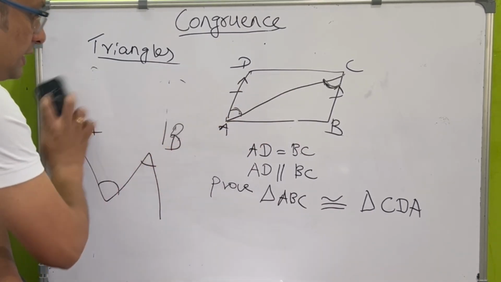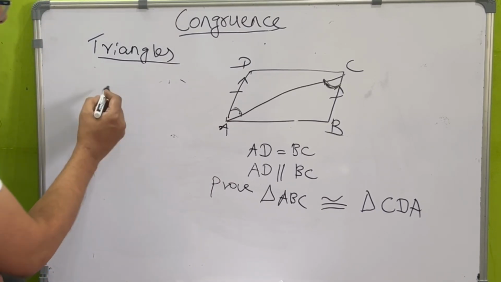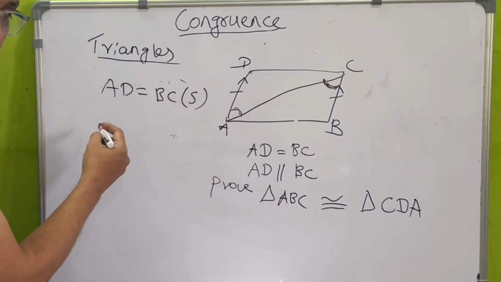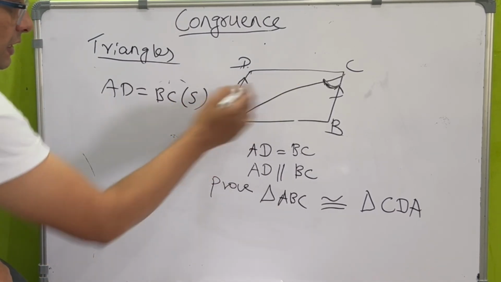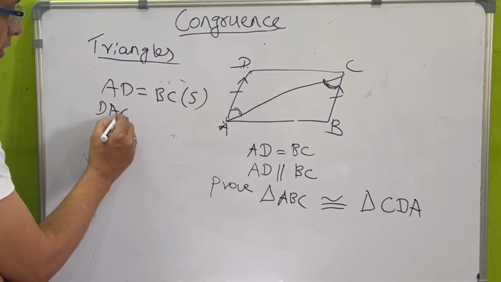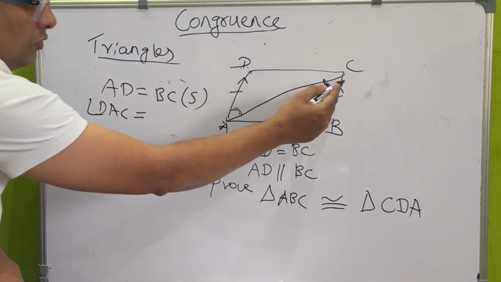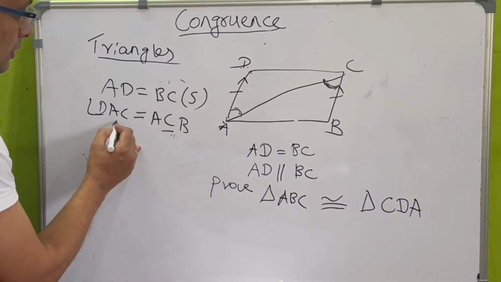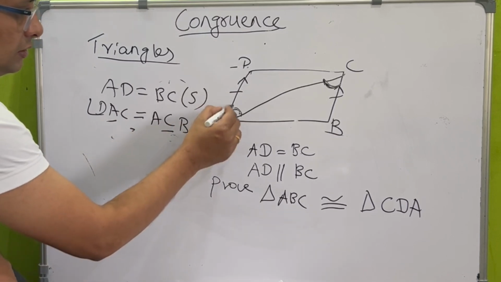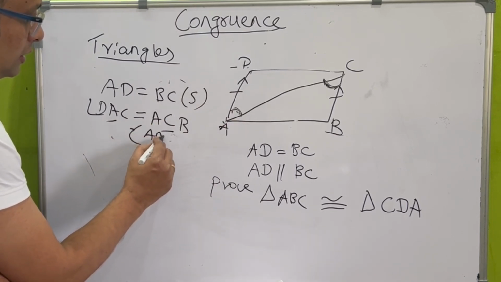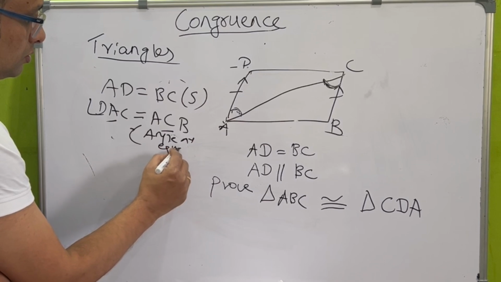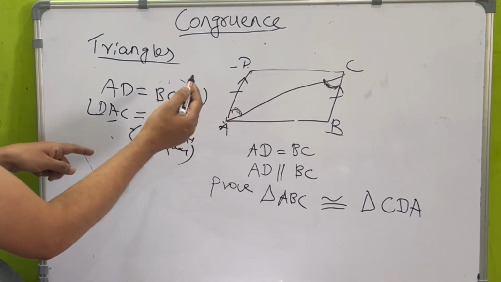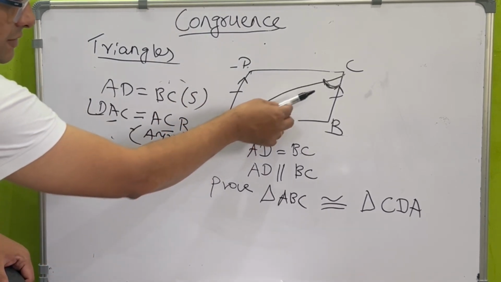If you take the SAS condition, AD equal to BC is a side, and angle DAC equal to angle ACB, the angles are equal. And then the third thing, we have AC.